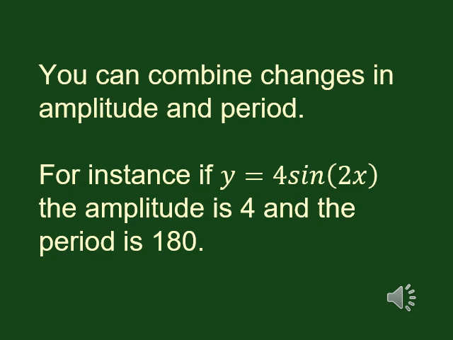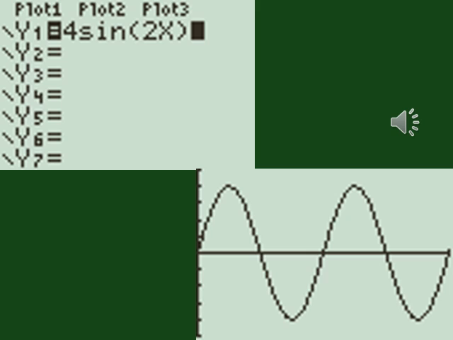And the period should be 360 divided by 2, which is 180. If you graph this on a graphing calculator, you notice it makes 2 copies of the graph, and both of them go as high as 4 and as low as -4. If you wanted to graph this by hand, you could just make a basic sine graph, label the top 4, the bottom -4, and the end of that one cycle 180.